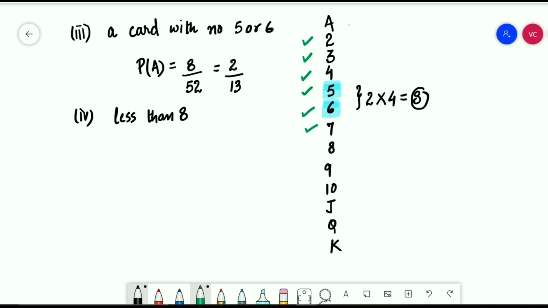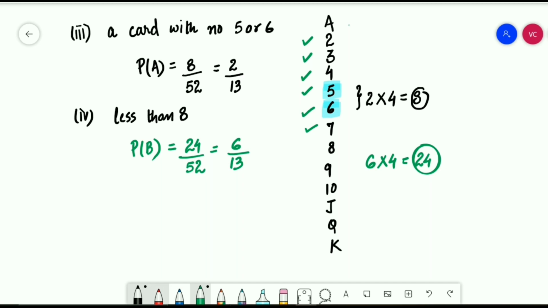So in one suit we have 6 such cards, and total we have 4 suits, so 24 cards. Now the probability of this event is equals to 24 divided by 52, and after simplification we'll get 6/13.